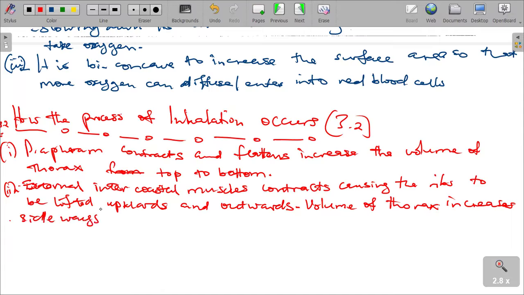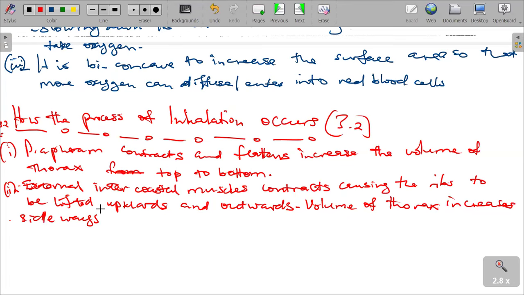That is one other thing that we must take note of. So the external intercostal muscles contract, causing the ribs to be lifted upwards and outwards, and the volume of the thorax increases sideways.